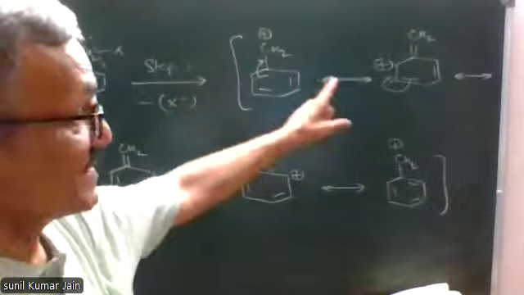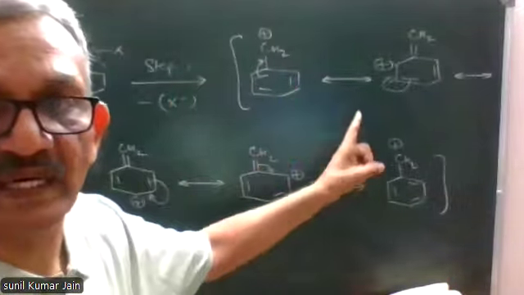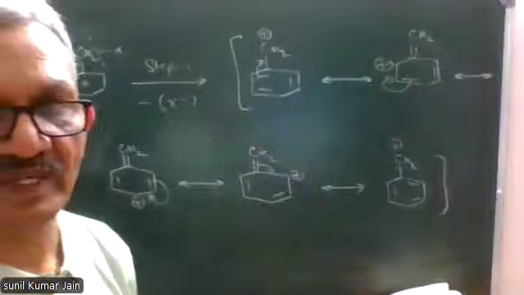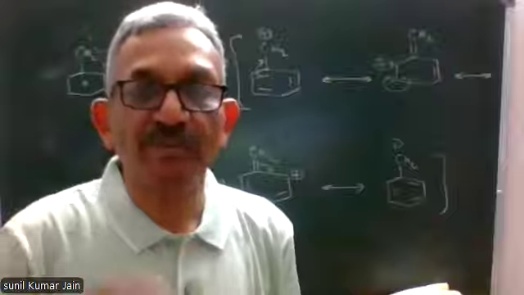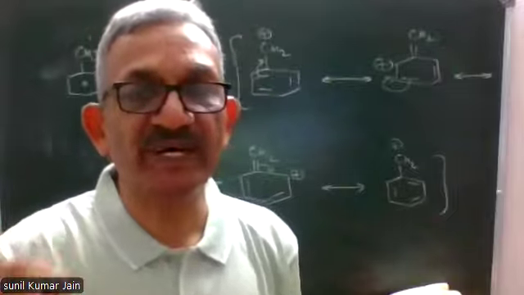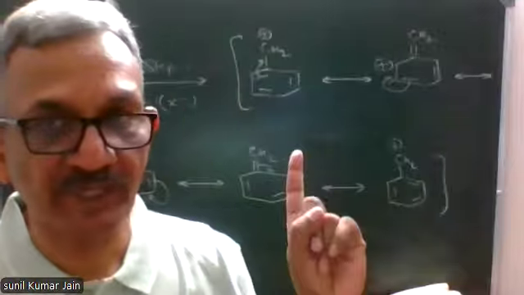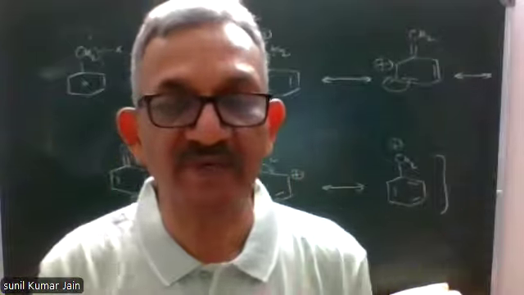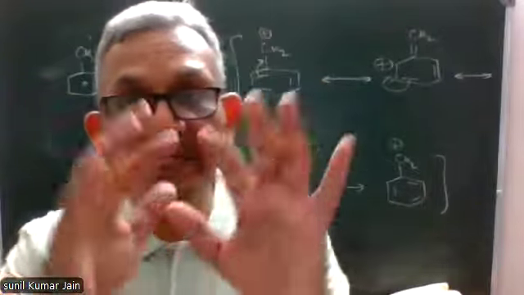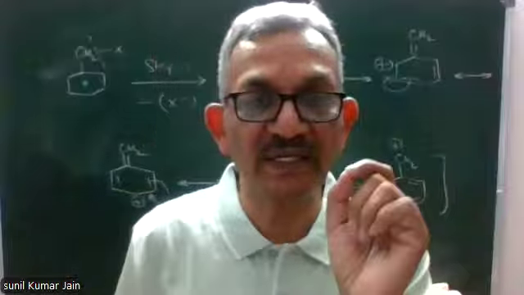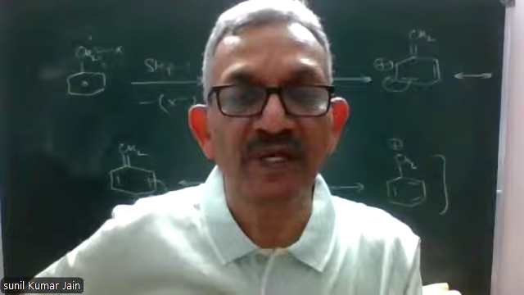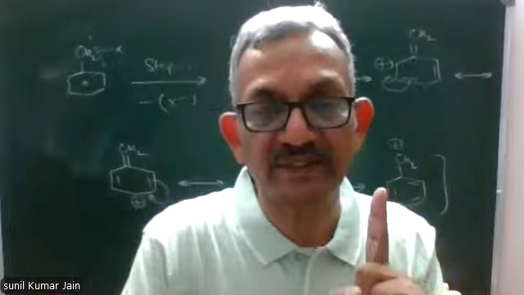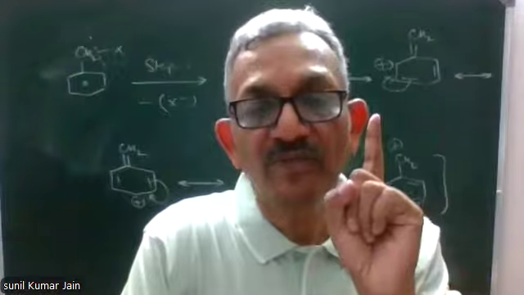Now again, since this primary benzylic carbonium ion is stabilized through resonance, it means primary benzylic halides preferably react by SN1 mechanism. Although they are primary, they follow SN1 mechanism. Now we can conclude like this.